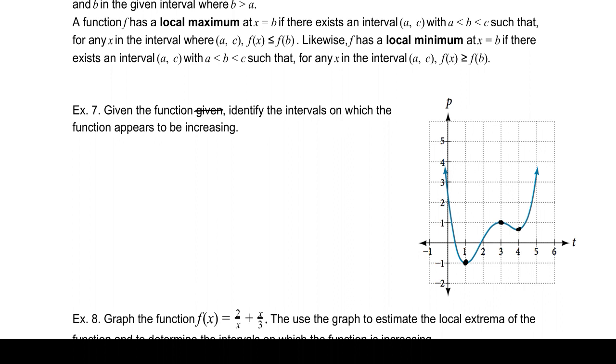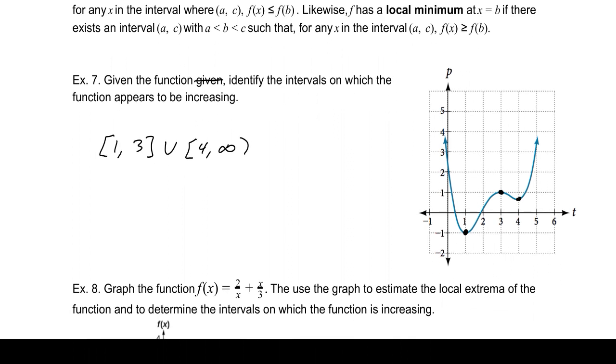So the way I'm going to write that in interval notation is from 1 to 3, those are my input values, union, and we'll include 4, but obviously not include infinity. Function is increasing between 1 and 3, and from 4 to infinity.